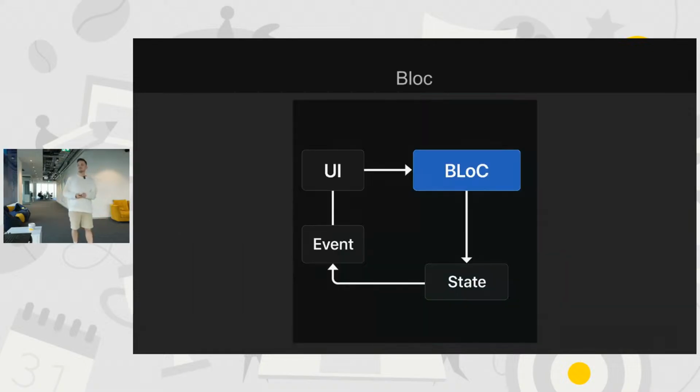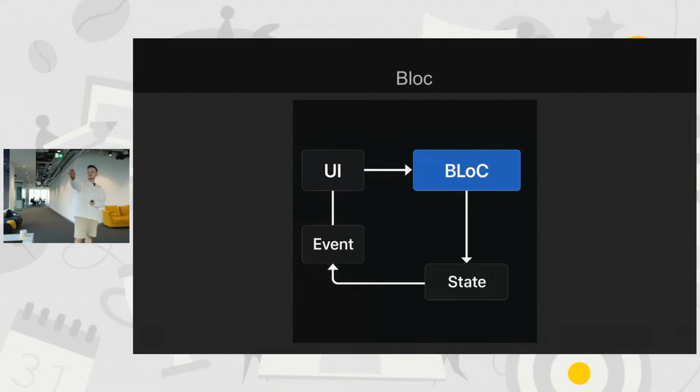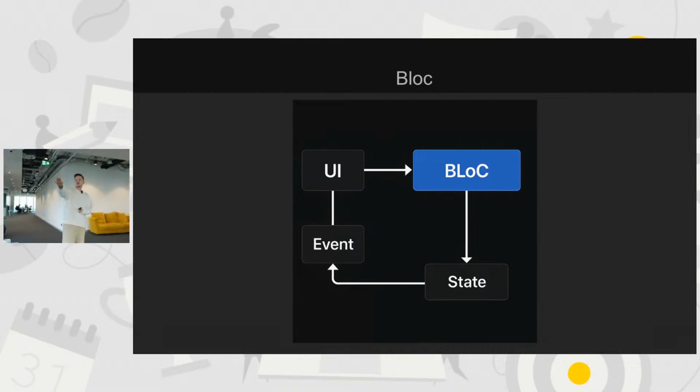And BLoC. Here is the diagram, which actually has a similar structure of unidirectional flow of data. So BLoC has some kind of state, and an event, which allows us to update our UI, which can interact with BLoC.